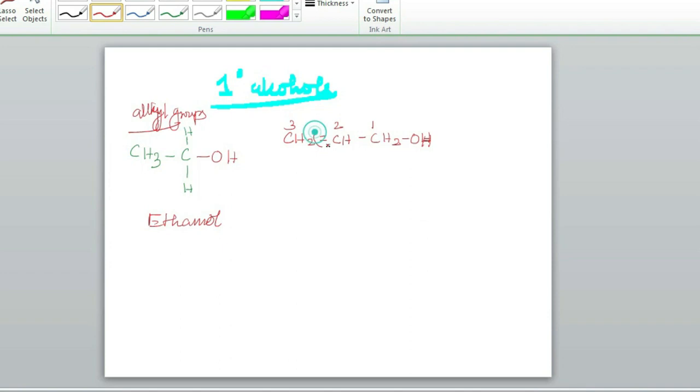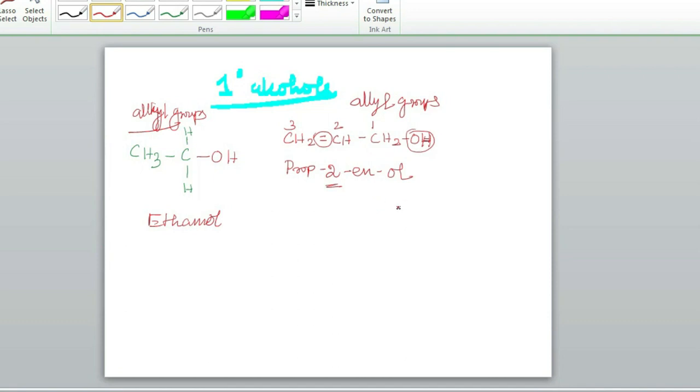Prop means three carbons are present. At the second position we get the double bond, so 2-ene, and the first position gets the OH group, called ol. Prop-2-en-1-ol. This is the allyl group.